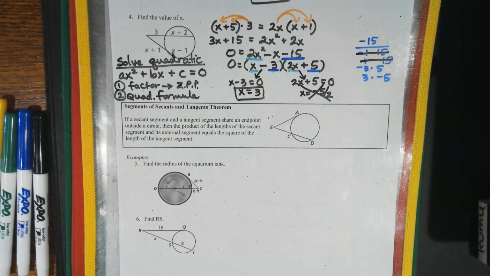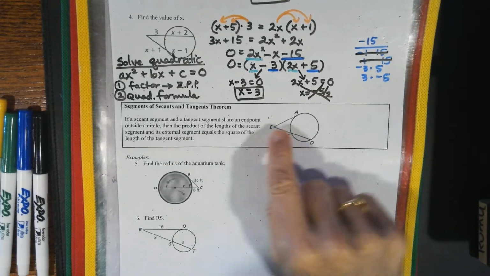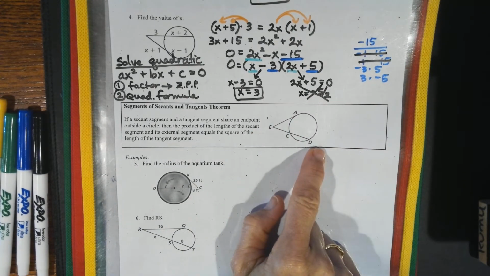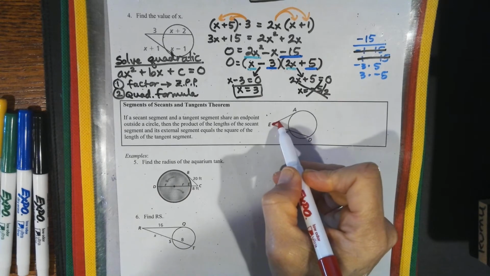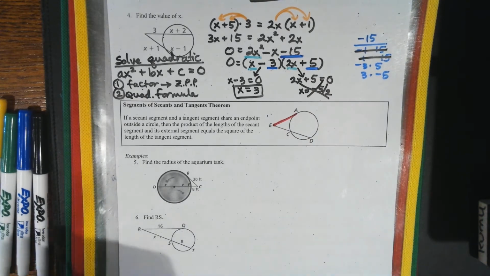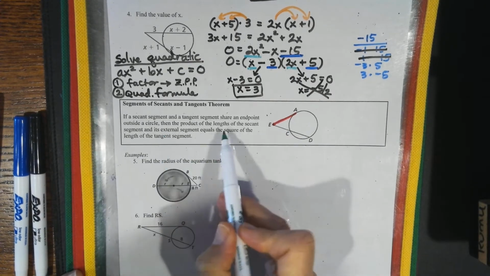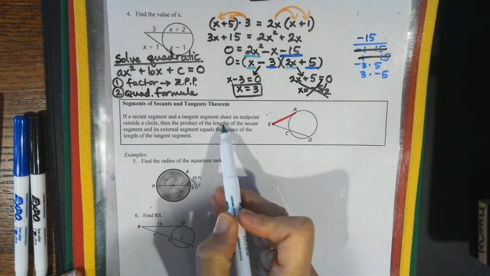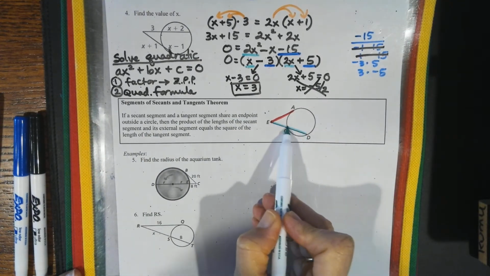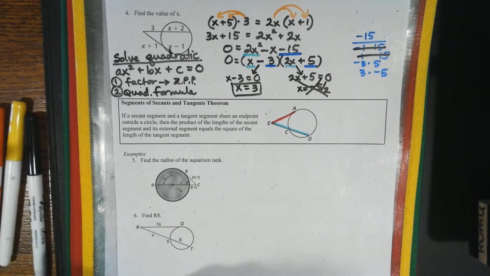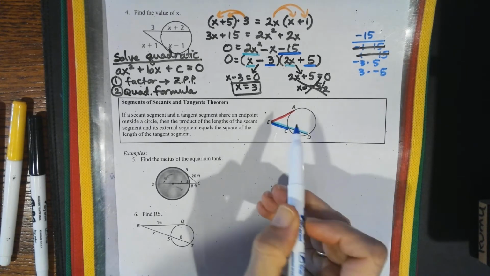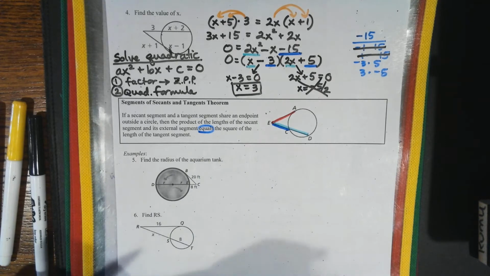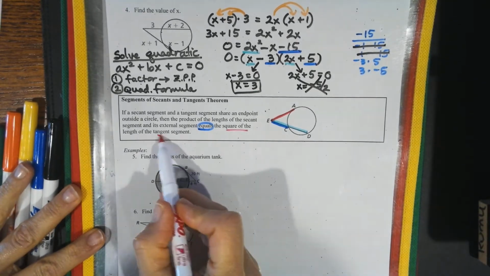If a secant segment and a tangent segment share an endpoint outside the circle, so here's the endpoint, there's the tangent, there's the secant, then the product of the lengths of the secant segment, that's this, and its external segment, that's this, equals the square of the tangent.